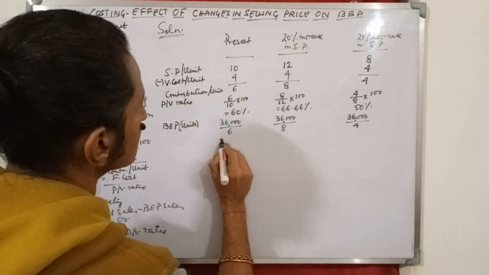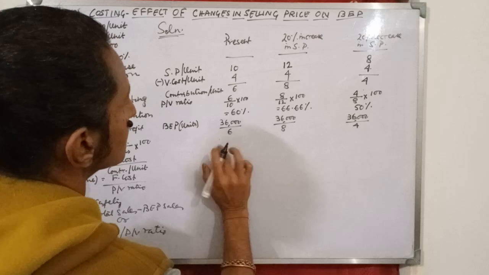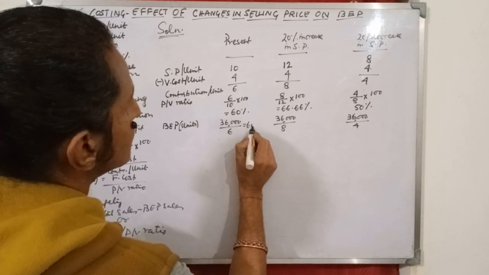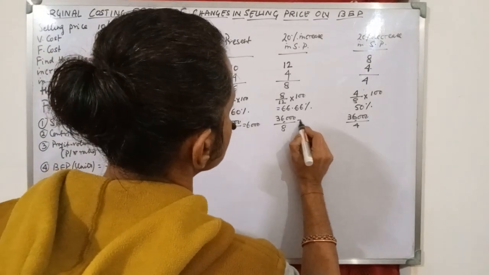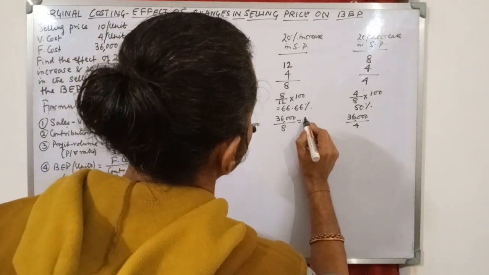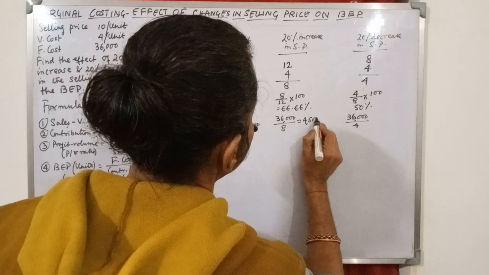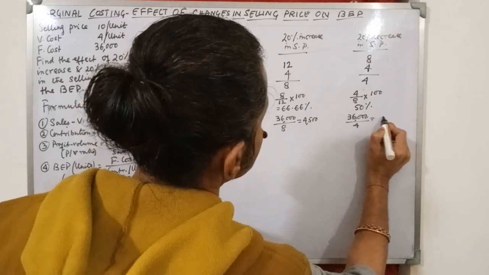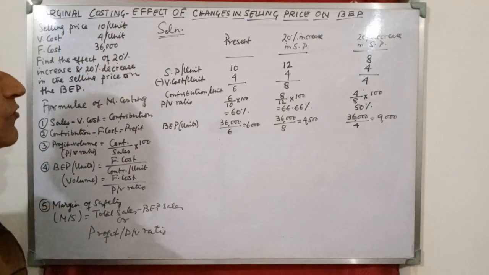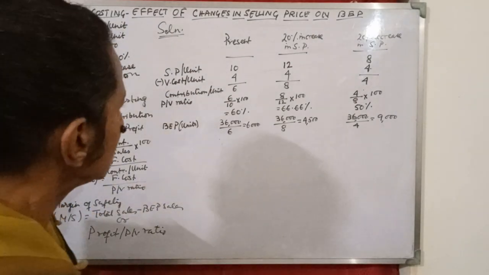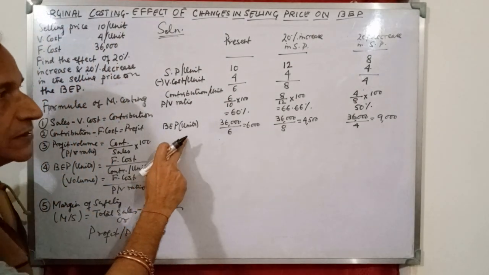So it is 6,000. It is 4,500, and it is 9,000. So when the selling price is 10, BEP is 6,000.